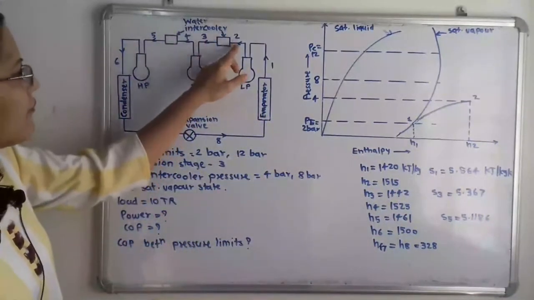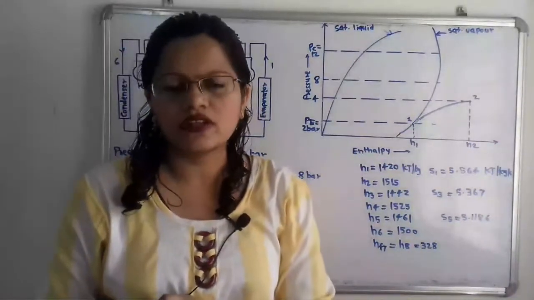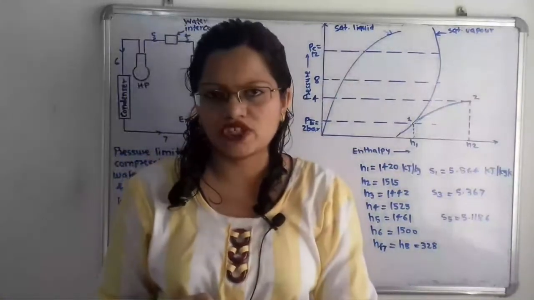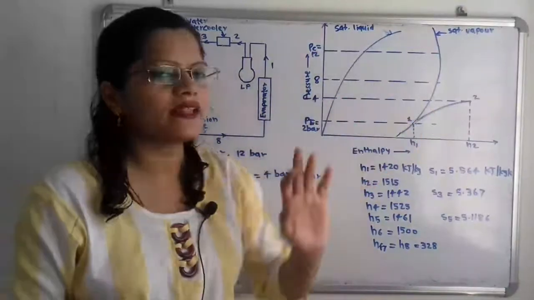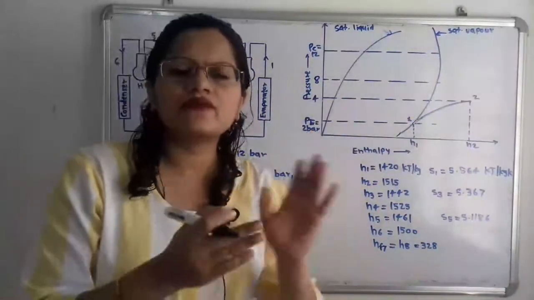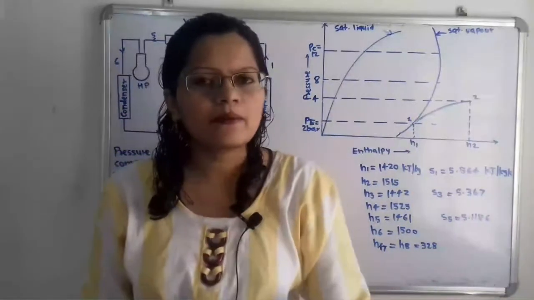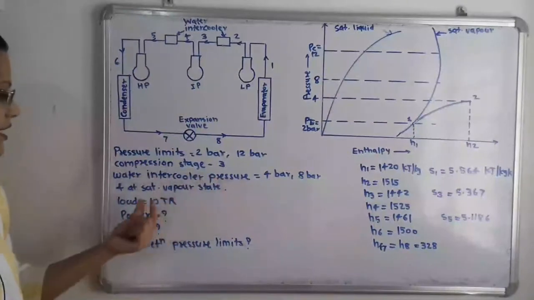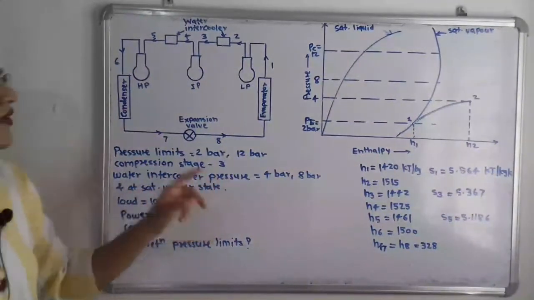Now again if we will move to the next. Now here after point 2, refrigerant is entering into this water intercooler. So here the cooling process is taking place at constant pressure. So we have to keep the pressure constant, that is 4 bar, and up to which state we have to take this cooling process. Now in the problem it is given that when the cooling process is taking place, the refrigerant reached up to saturated vapor state.